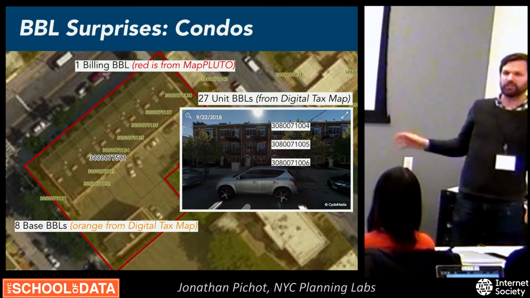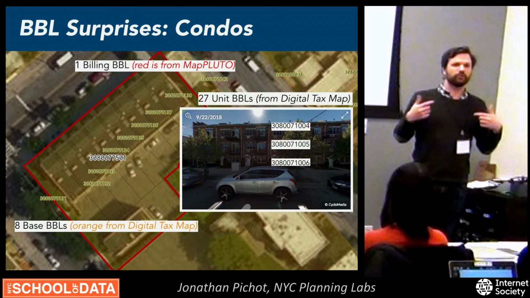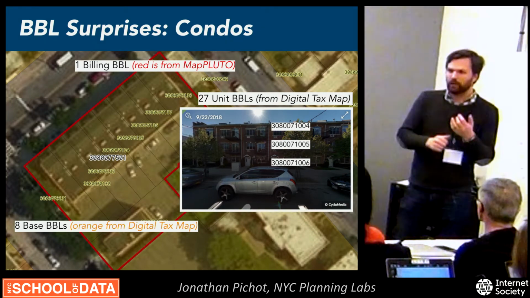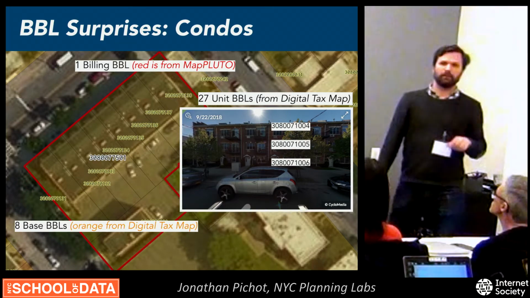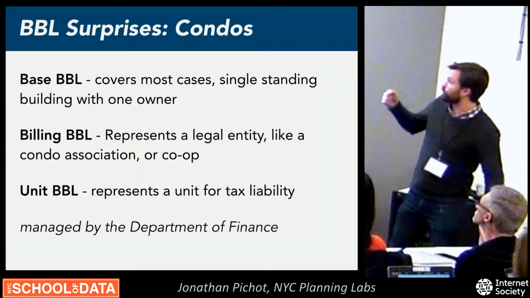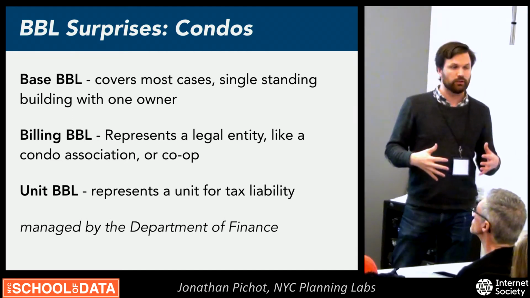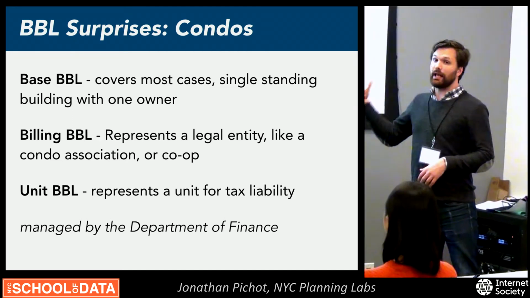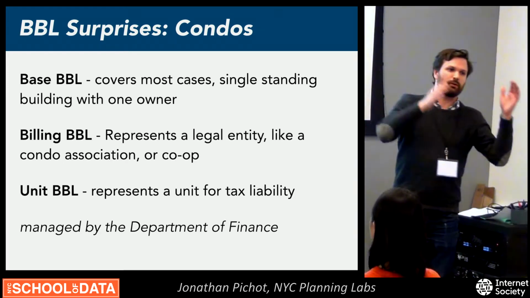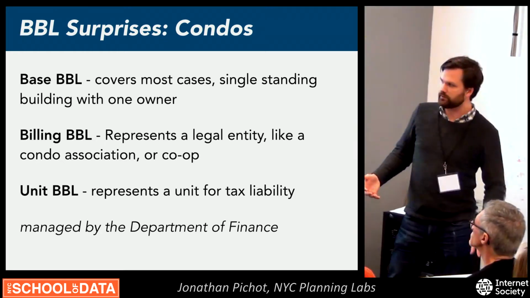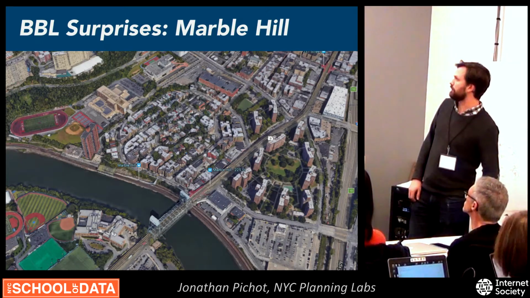All this, and this is again a generalist introduction, is to make you realize that when you start to see BBLs in open data, you need to understand what data set that's coming from, and that you may not find it in another data set that's referencing BBLs, particularly between the tax map and Map Pluto. So, to review, base BBLs cover most cases, a single standing building with a single owner. A billing BBL usually represents a legal entity, so in this last case, that billing BBL was a condo association, of which there were separate buildings, of which there were separate units. And so the unit BBL represents a certain tax liability.